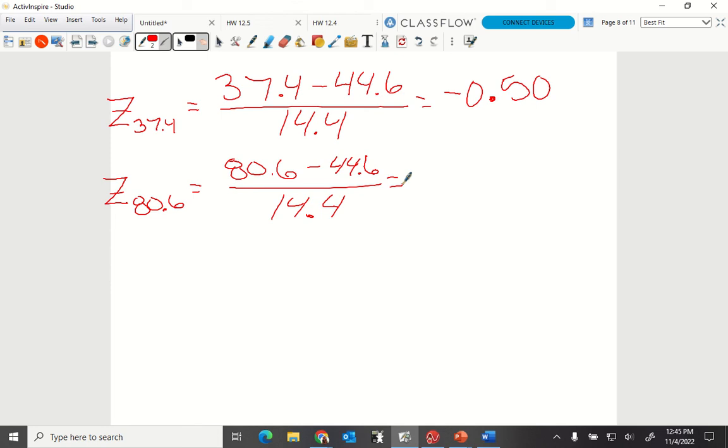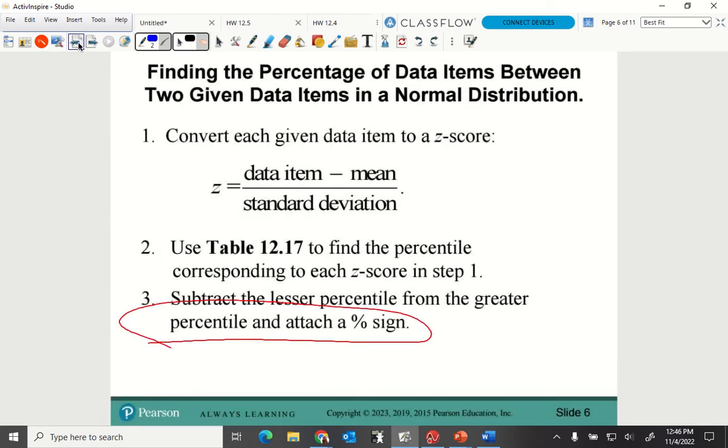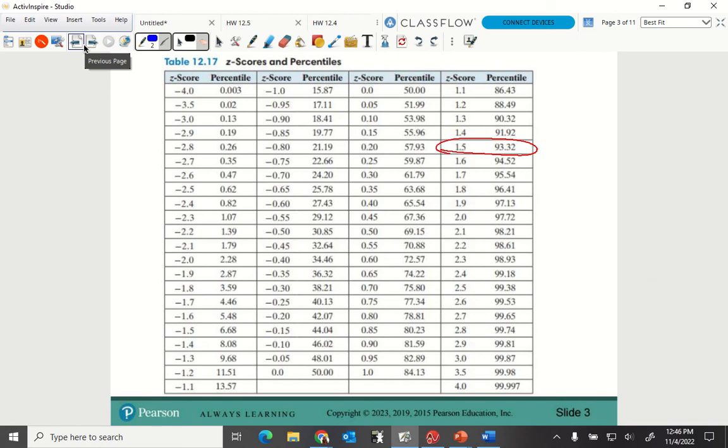All right, so what do we get here? 2.5. Positive 2.5, very good. Now I'm going to take these and convert them to percentiles. So now we're back to the table.